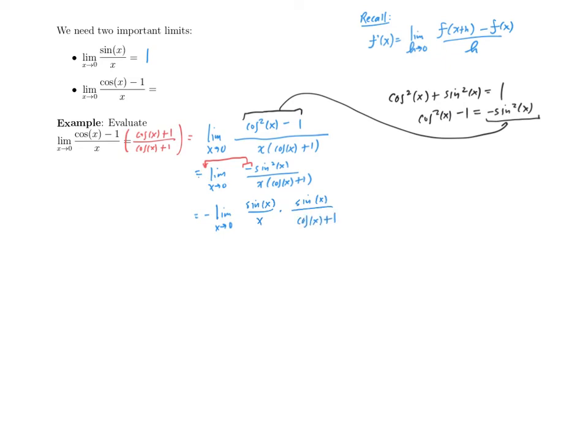And note, as long as the limit of each of these individual functions exists, we could break it up as a limit of the first times a limit of the second. So let's go ahead and break this up. But if we do run into any issues, we'll have to remember to come back to this point.